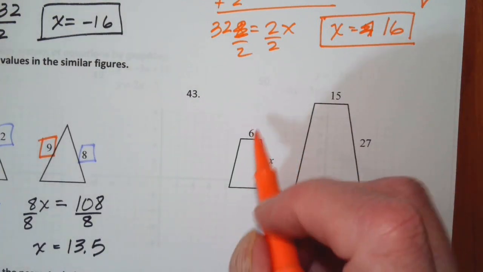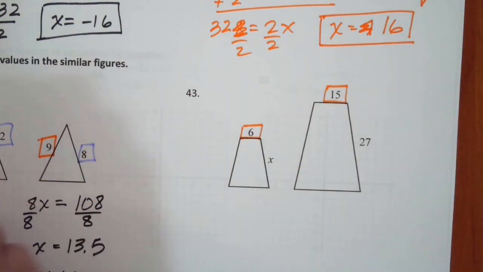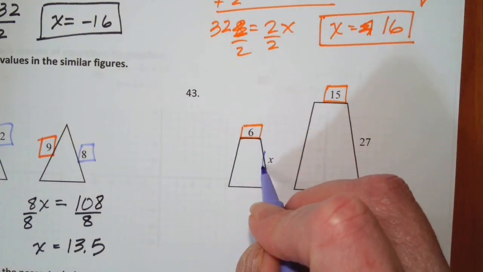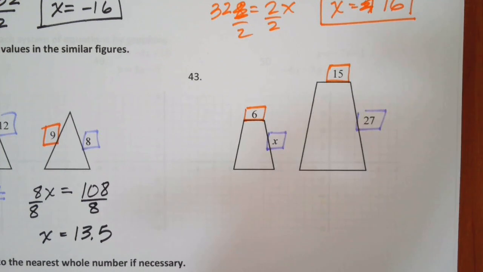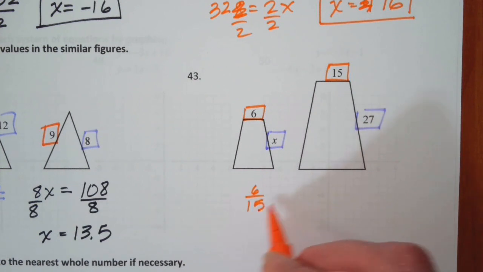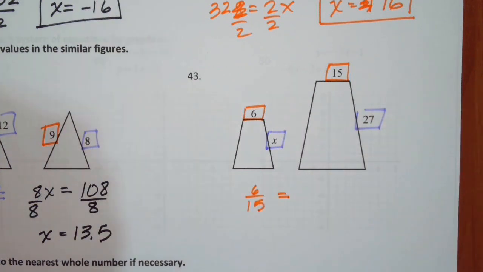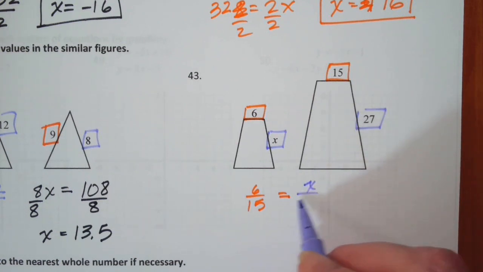Okay, again, these are similar figures, so I know the corresponding sides are proportional. So these ratios are going to be equal. So I know that 6 over 15 is equal to x over 27.